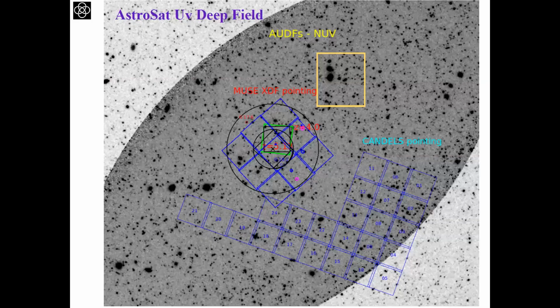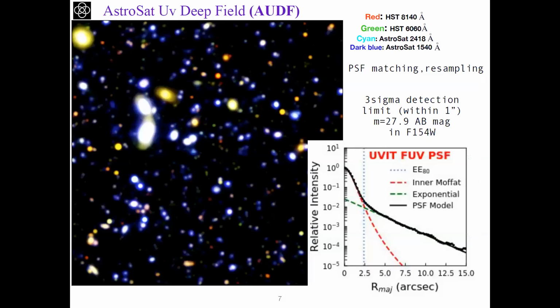This is the overlapping region that I just showed, and this is the MUSE Deep Field and the Hubble Deep Field you can see, and this is the AstroSat UV Deep Field in near ultraviolet, which works from 2000 angstrom to 3000 angstrom. Quickly, this is the kind of PSF you have.